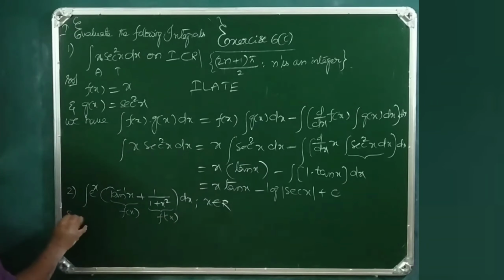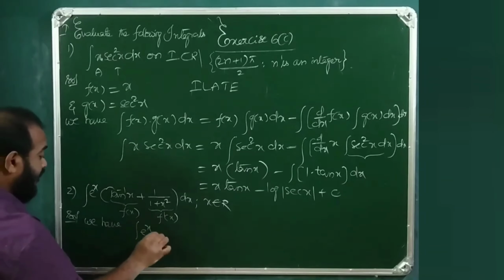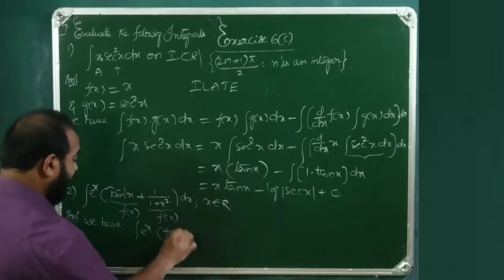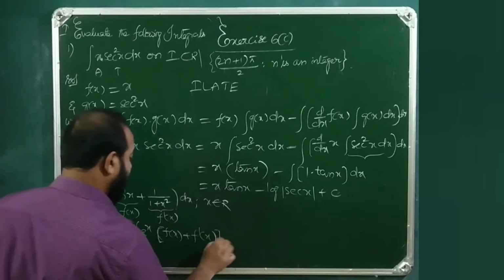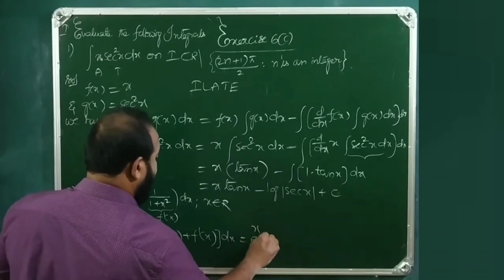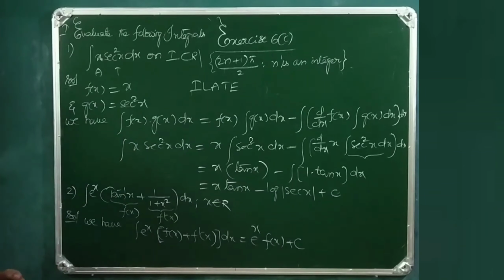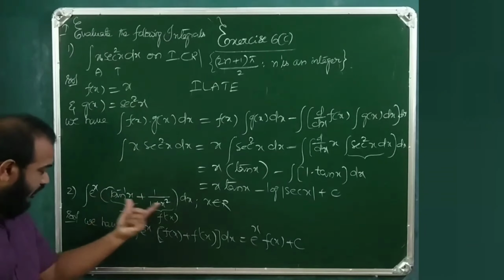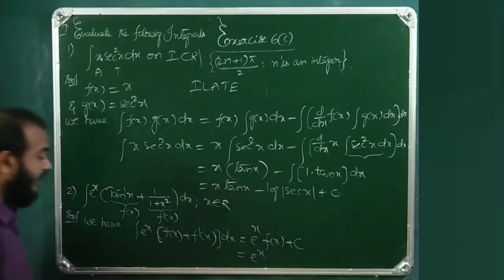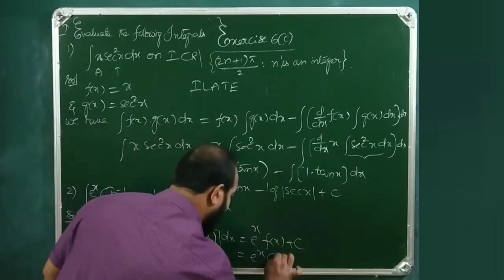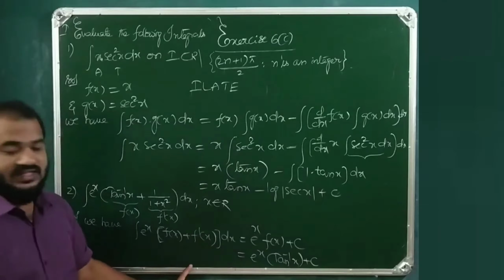So we have integral e power x into f of x plus f dash x dx is equals to e power x into f of x plus c. So therefore integral e power x into tan inverse x plus 1 by 1 plus x square dx is equals to e power x into, here f of x is tan inverse x, so e power x into tan inverse x plus constant of integration c.